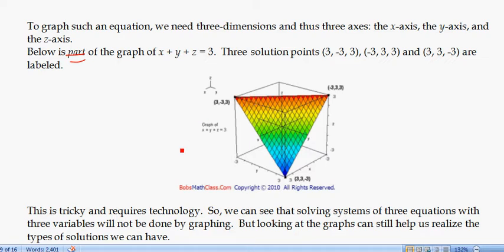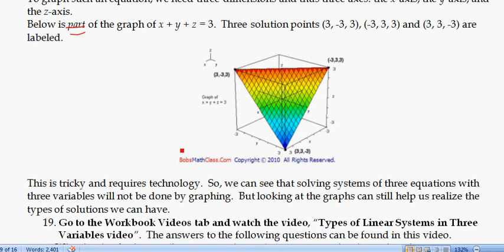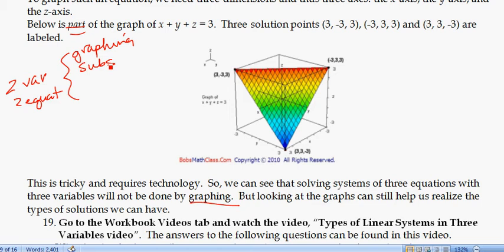Okay, so this is tricky, right? I'm not going to be asking you to graph planes, so this requires technology. And so what we can see is we're already at a disadvantage once we move up into three dimensions. We're not going to be solving systems of three equations with three variables by graphing, right? When we were doing two variables and two equations, we could solve by graphing, by substitution, or by elimination, right?